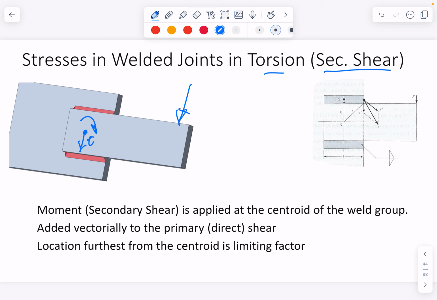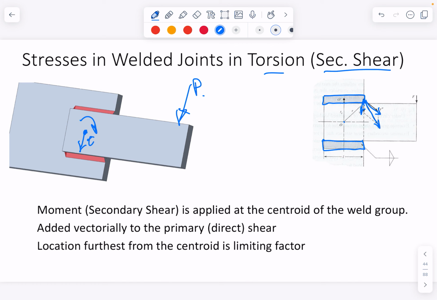So what we've got to do is deconstruct that value of P or force into a pure shear and a secondary shear. And so what we need to do is work out where the centroid is of our weld groups, to work out effectively what our J is, polar moment of inertia. And we add the primary shear to the secondary shear to get the total shear.